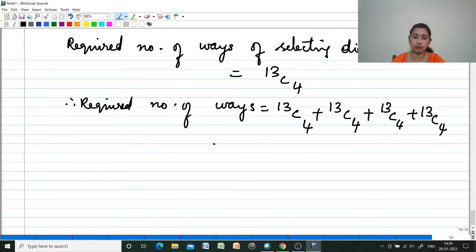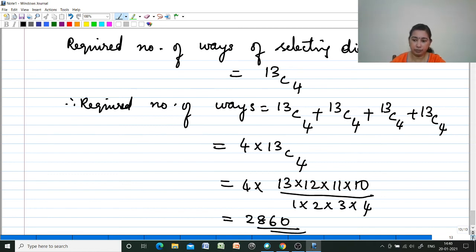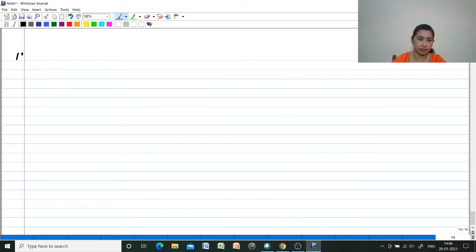So these are the different ways of selection. So 4 times 13C4, or we can write it as 4 into 13 into 12 into 11 into 10 divided by 1 into 2 into 3 into 4, and simplifying this we get 2860 different ways. Then what about the third sub question there?